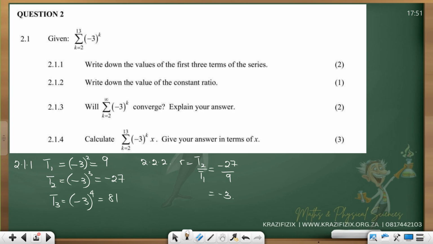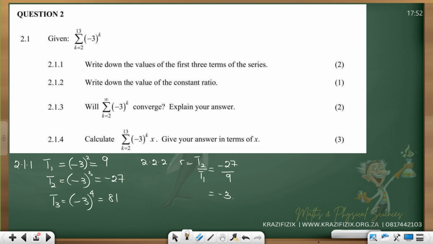Will that converge? Explain your answer. Will it converge? What is the rule of convergence? Which one? Not less than 1. Not just less than 1. So in between 0 and 1?